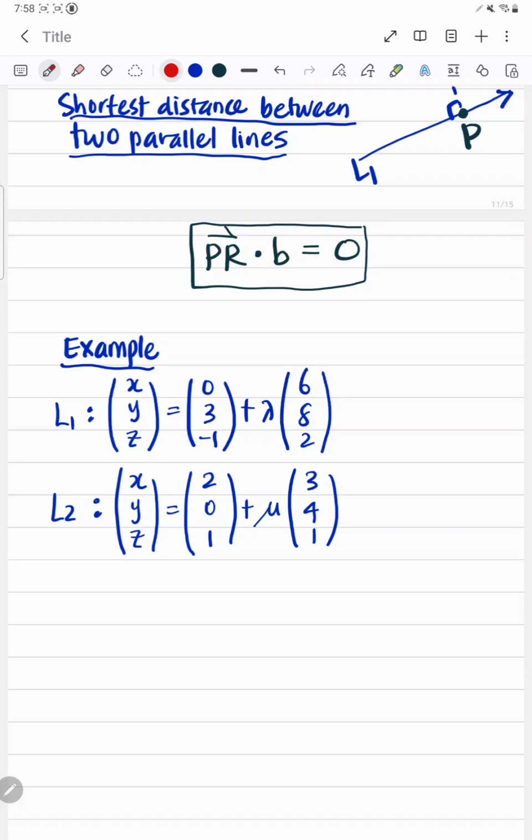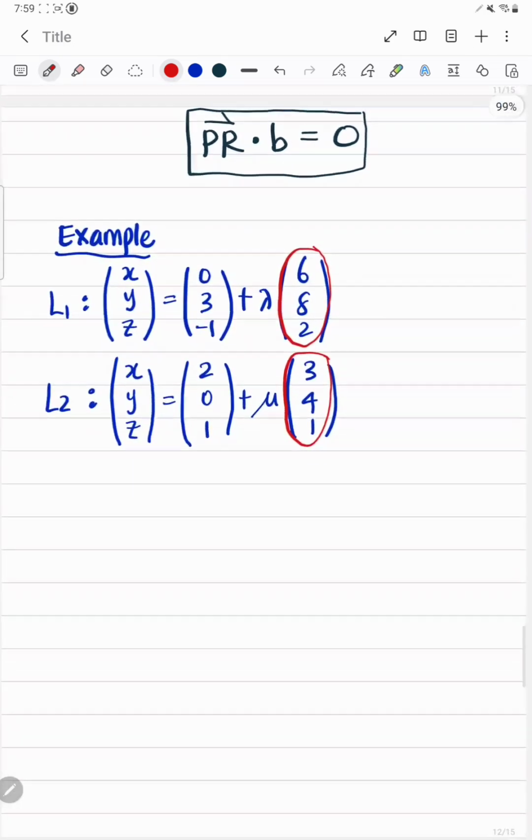By inspection, you can see that the direction of line 1, (6, 8, 2), is actually k times the direction of line 2, (3, 4, 1). Therefore, line 1 and line 2 are parallel.